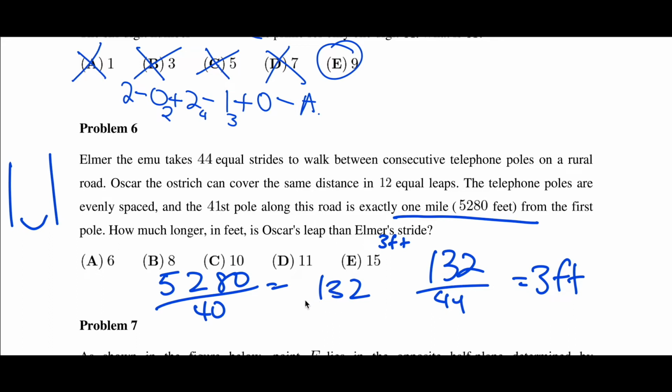And now for Oscar, each of his leaps is 132 divided by 12, which is 11 feet. Okay, so now it just asks how much longer in feet is Oscar's leap than Elmer's stride. So 11 feet minus 3 feet, which is 8 feet. So the answer would be B.